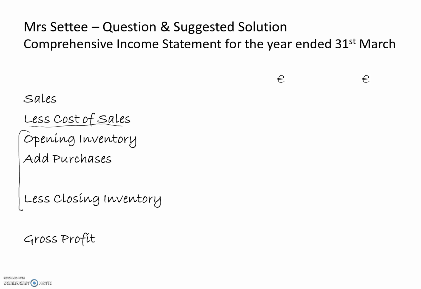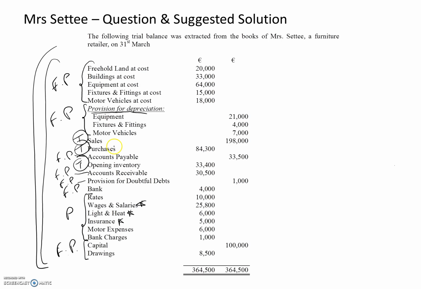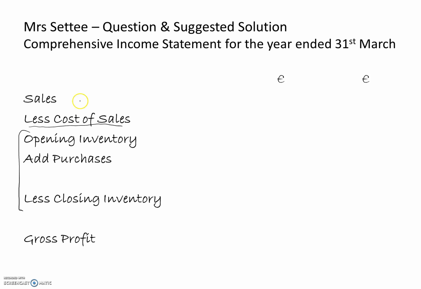So again, just going back for 1 second, we can see there's the sales figures there. So that's what I need. So I'm going to put in the sales figure, and I'll put that in over there, 198,000. Now I'm going to step back into this column here, and I'm going to put in the opening inventory plus the purchases, add them together, and take away the closing inventory.